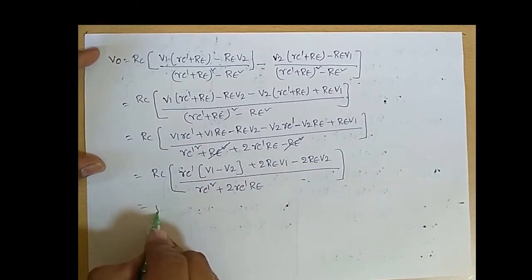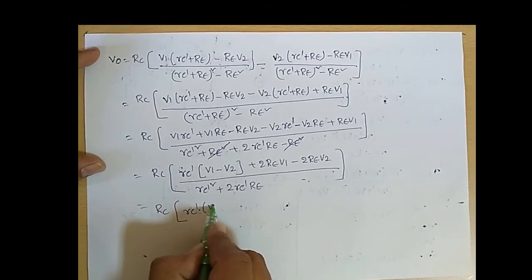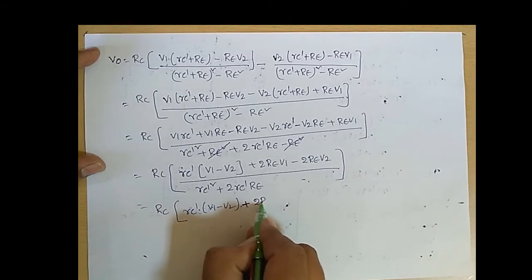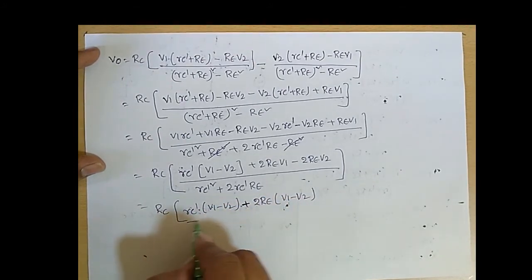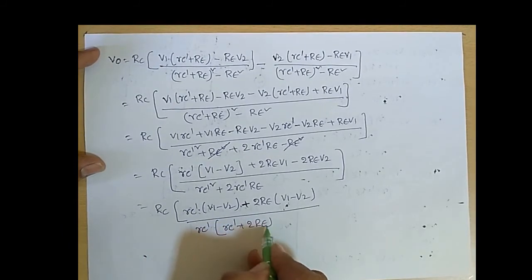That is equal to RC of RE dash of (V1 minus V2) plus 2 RE of (V1 minus V2), whole by, taking RE dash common, RE dash plus 2 into RE.